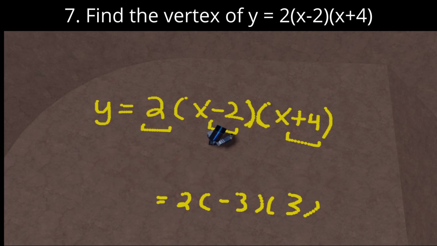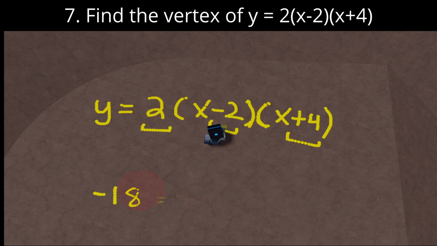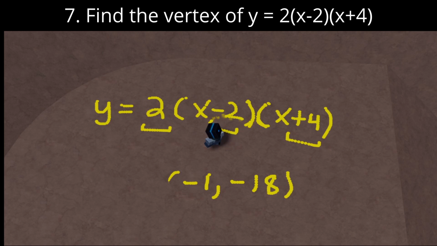And then 2 times negative 3 is negative 6. Negative 6 times 3 is just 18. So this just equals 18. Or sorry, it should be negative 18. And that's the y-coordinate of the vertex. So I found that the vertex of this parabola is just minus 1, comma, minus 18. And just like that, we're done.